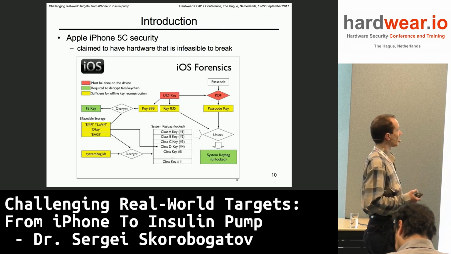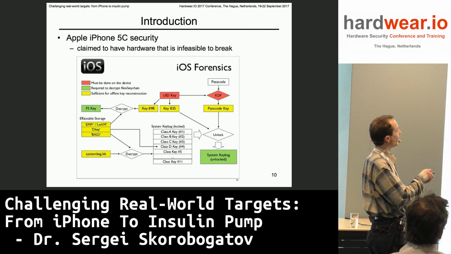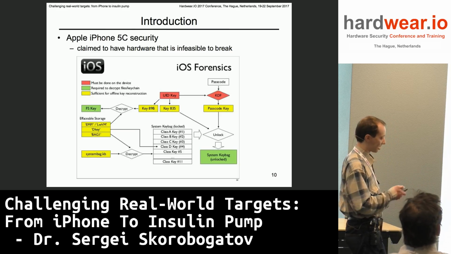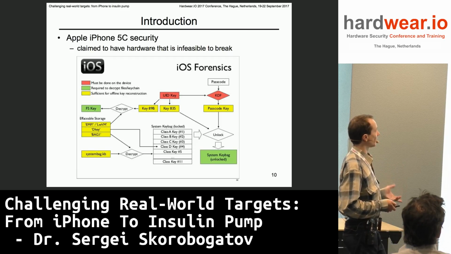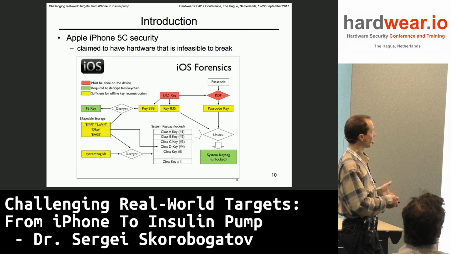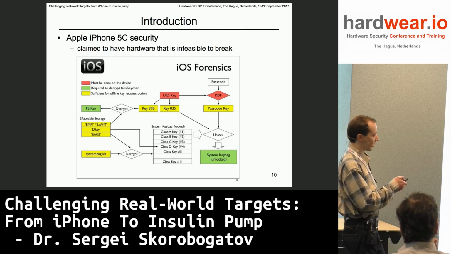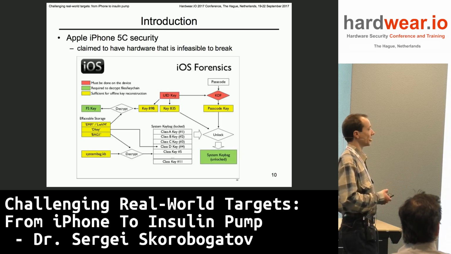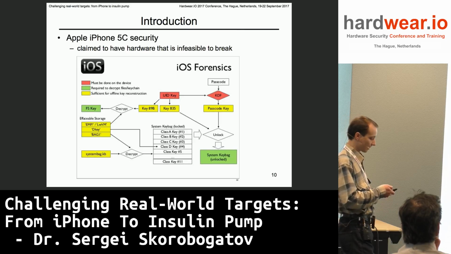So in order to figure out what the actual decryption key is, you need to know both the UID key and the algorithm, how the decryption key is calculated. So that means you can either go the hardware way and reverse engineer the silicon, or you have to find a way to enter as many passcodes as you want. And usually the passcode is only 4 digits, so you only need 10,000 attempts.